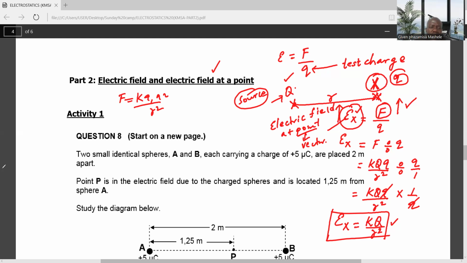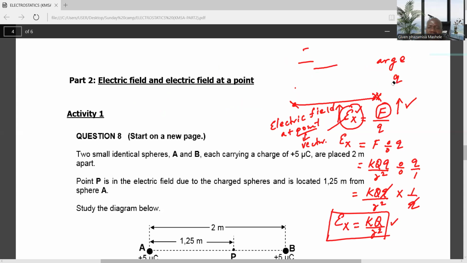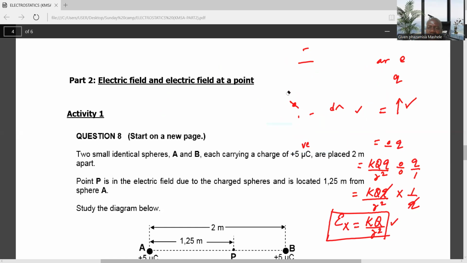Right, without wasting time, let's now go through the examples. Let us now look at the question, the statement.